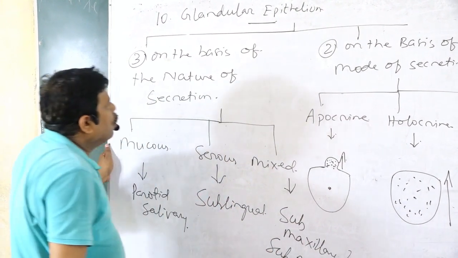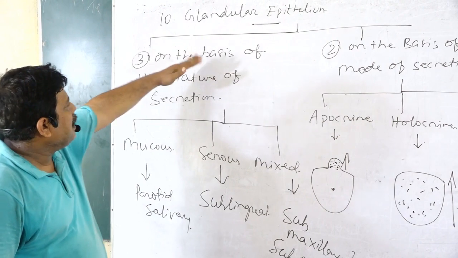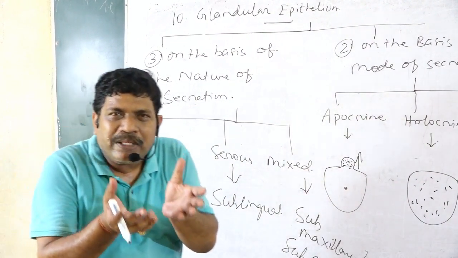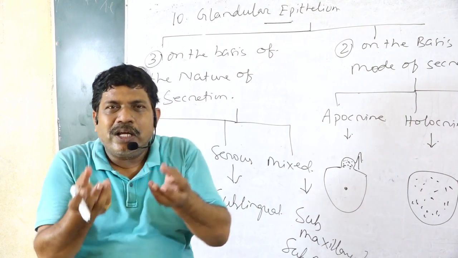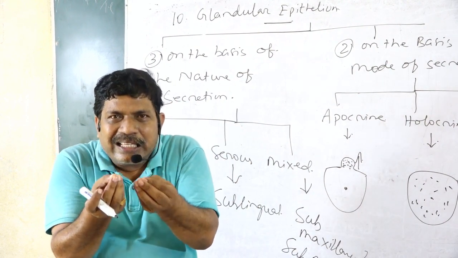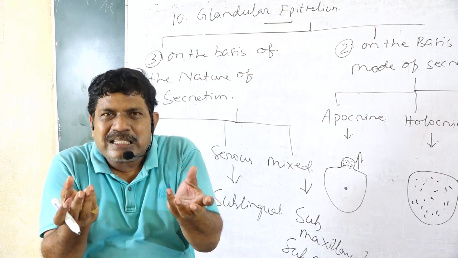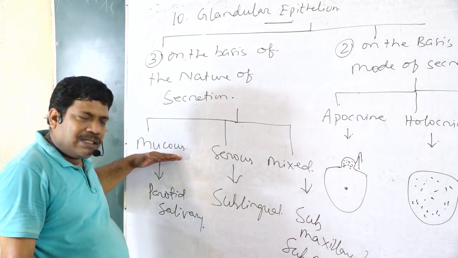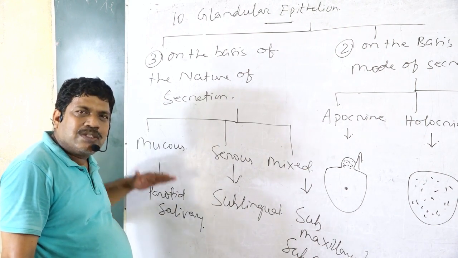submandibular. So thirdly, on the basis of nature of secretion, what that glandular epithelium secretes, whether it secretes a thick sticky substance rich in mucin, that is called mucus gland. Your parotid gland is one mucus gland.